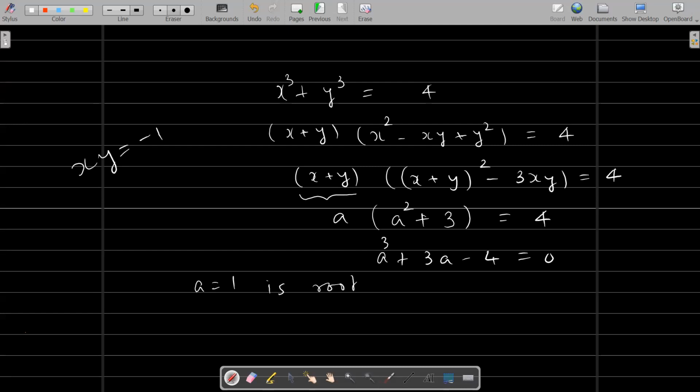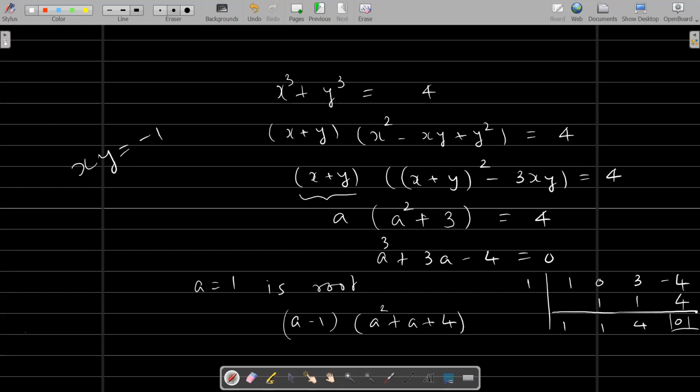If I take a as 1, it is 1, 0, 3, minus 4. So one factor is a minus 1, the other factor is a square plus a plus 4. But those roots will be complex, right? Whereas a is surely real, so a must be 1.